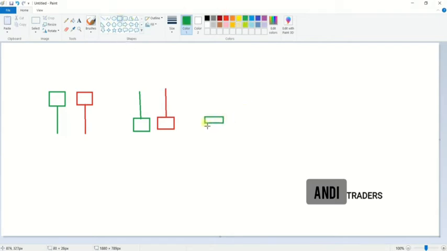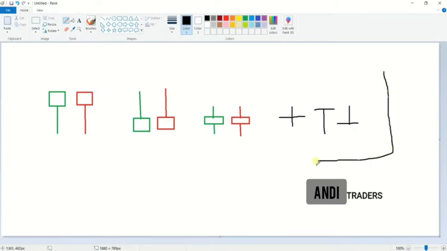We talk about the spinning top candlestick, and also we talk about the doji candlestick, the dragonfly doji, and the gravestone.